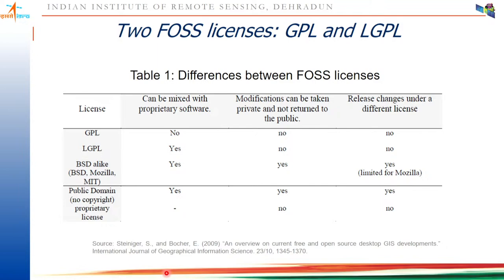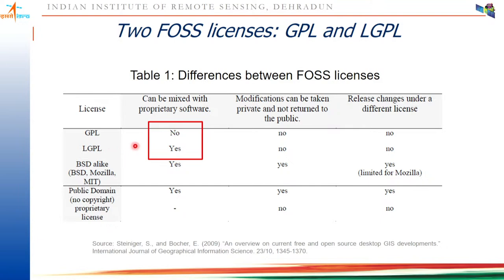This is a table taken from a very popular paper written way back in 2009 by Steiniger and Bocher, an overview of current free and open source GIS desktop environments. This was published in IJGIS. This table tells about two main licensing policies called GPL and LGPL, that is General Public License and Lesser General Public License.